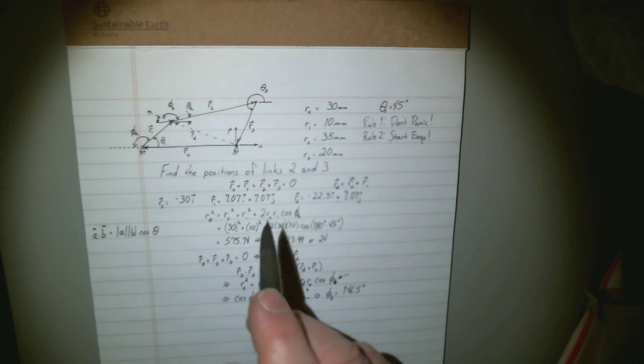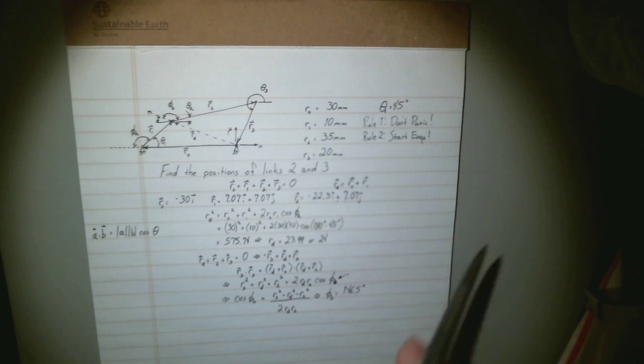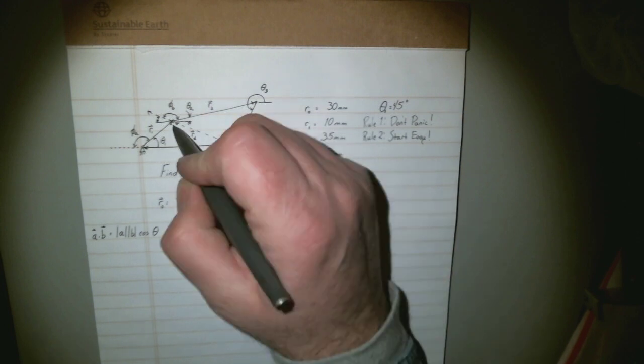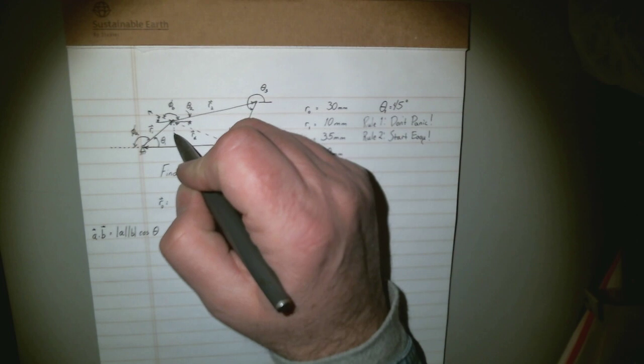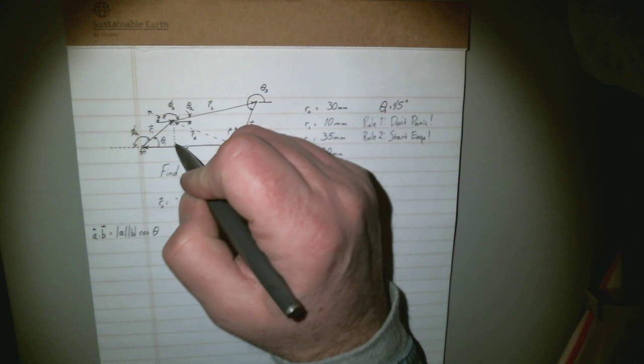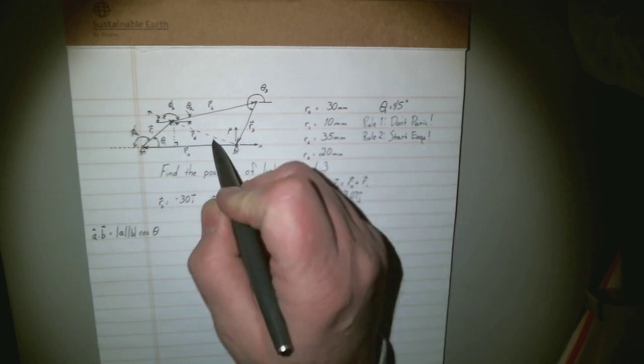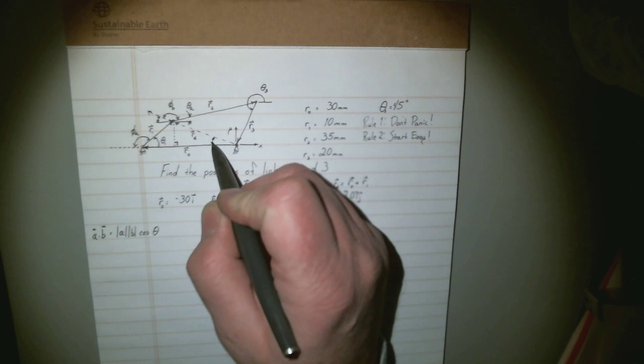That's not too hard to get, because we do have the full definition for R sub D. So, right angle trigonometry lets us determine this angle.